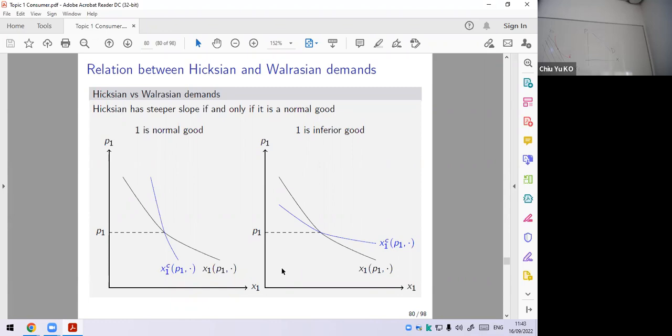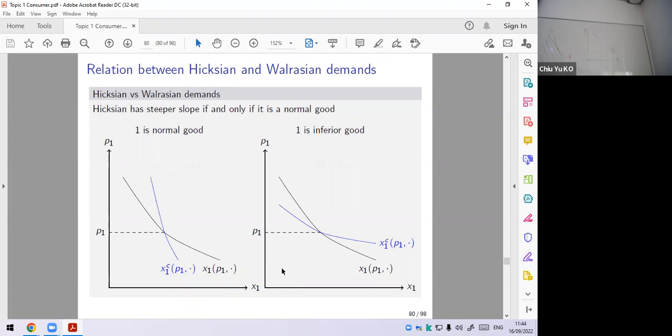Let me repeat the statement. The difference between them is the income effect. Because for a normal good, the income effect when the price goes down is positive. What's the income effect? The price goes down, so even if you consume the same quantity, you have some money left.